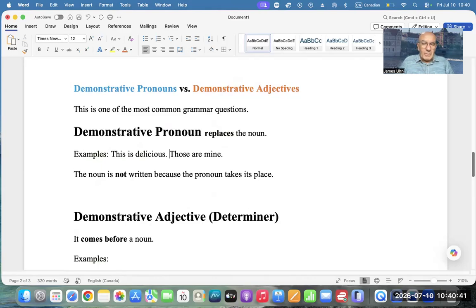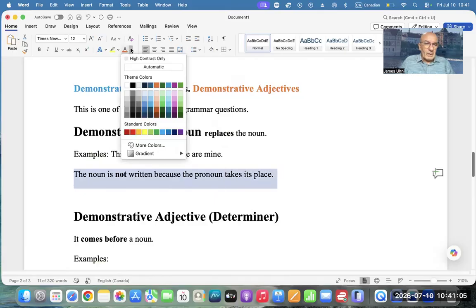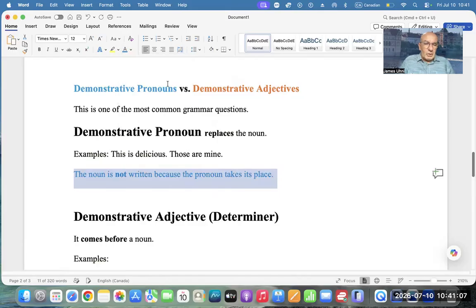Those are mine. So these are pronouns. The noun is not written because the pronoun takes its place. So I will write it in blue, so you know it belongs to demonstrative pronouns.